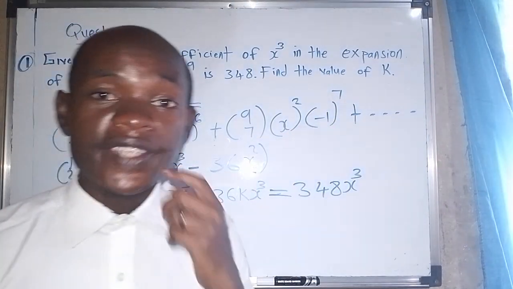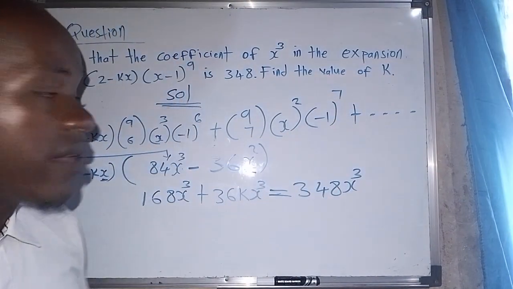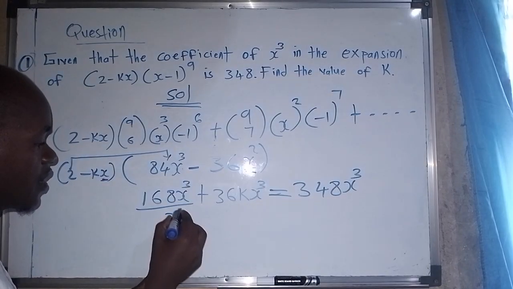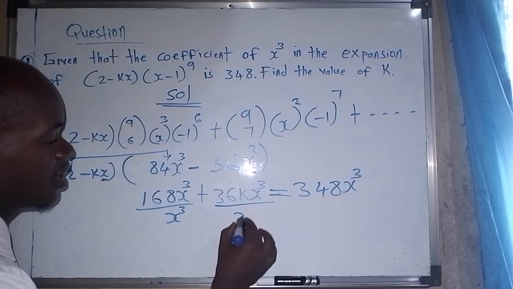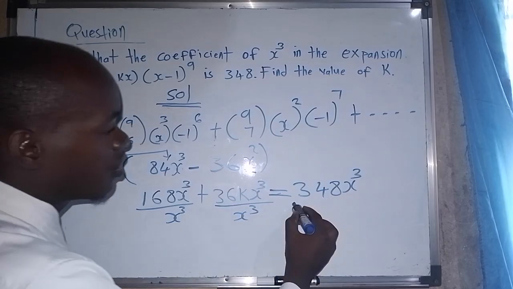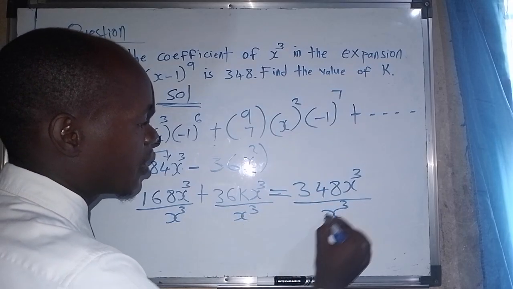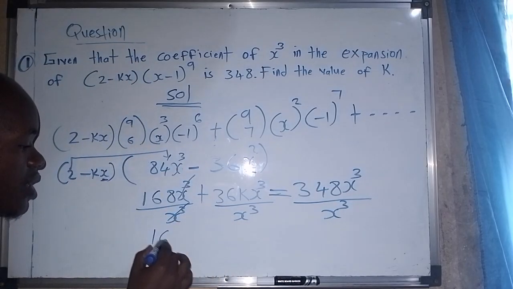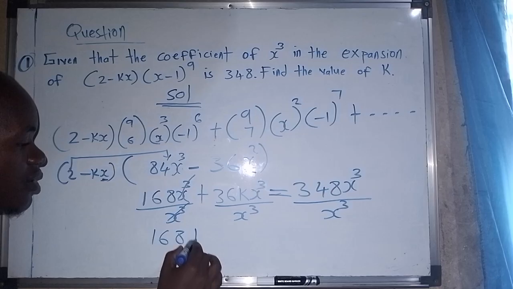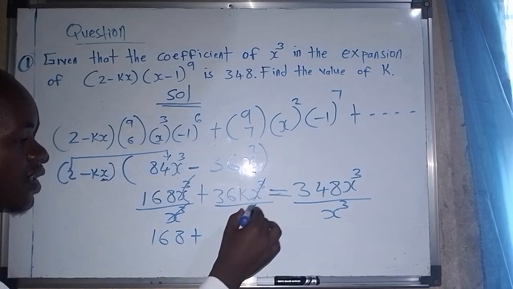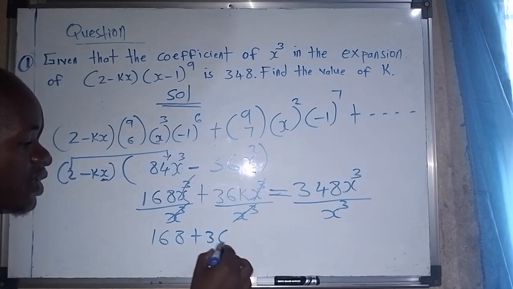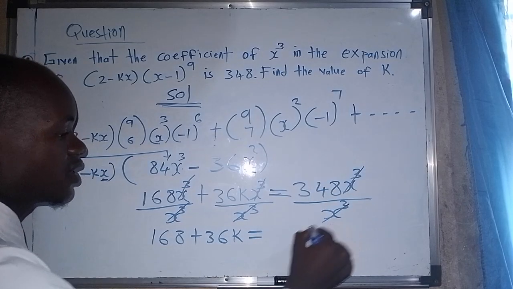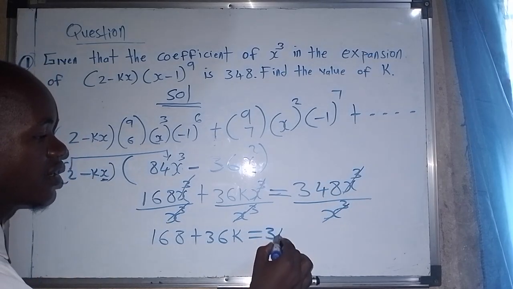So the question says we should find the value of k, not the value of x. So this side I'll divide with x power 3 and here x power 3. Also this side the x power 3. So this x and x will go. What will remain is 168 plus 36k equals 348.